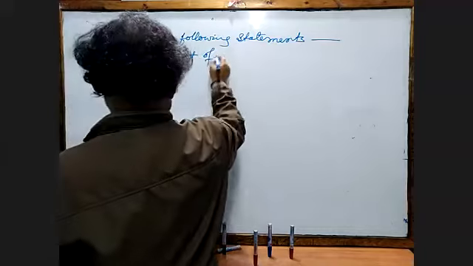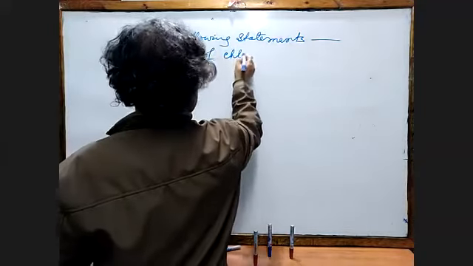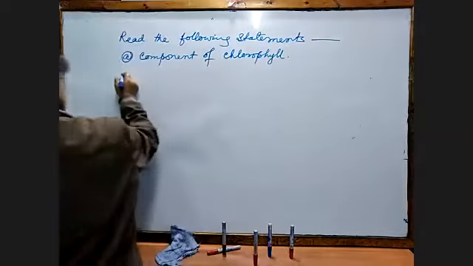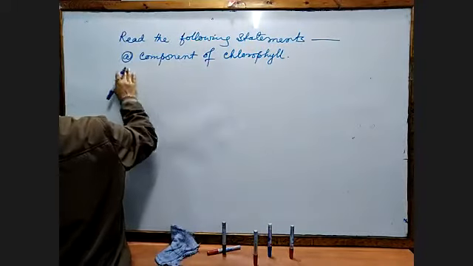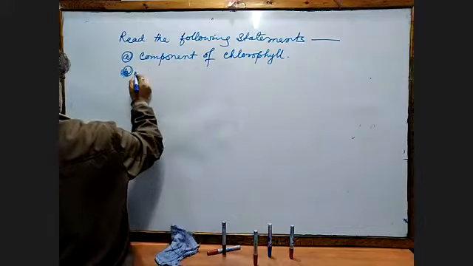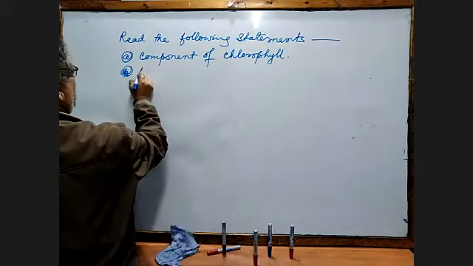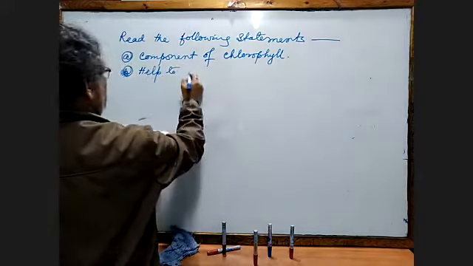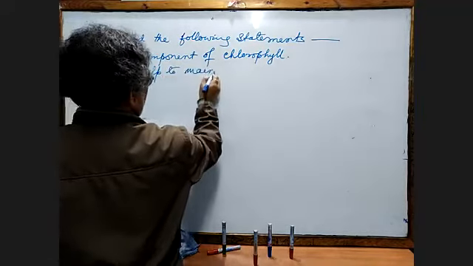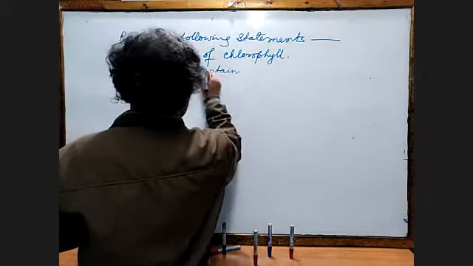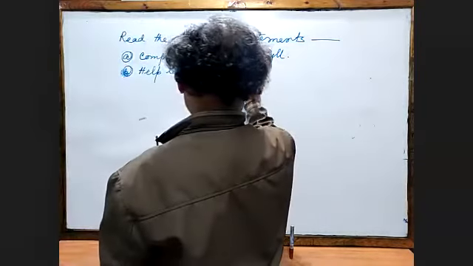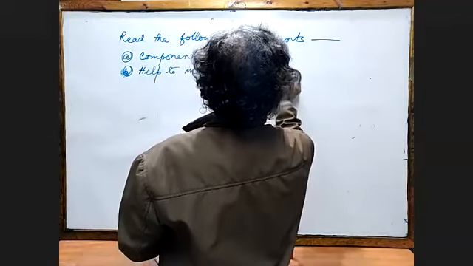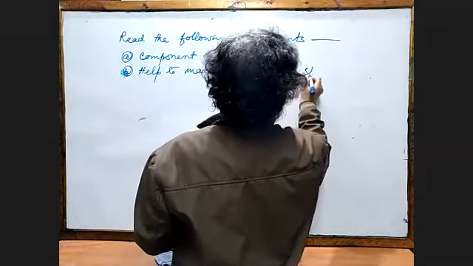A, component of chlorophyll. Second statement, B, help to maintain a ribosome structure.